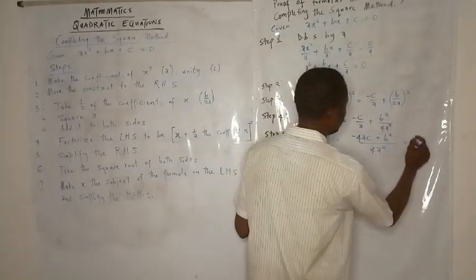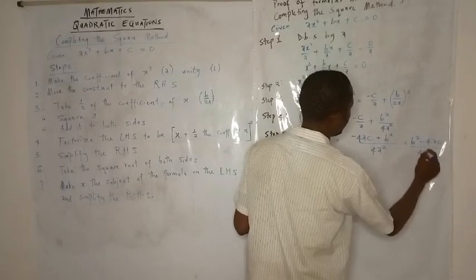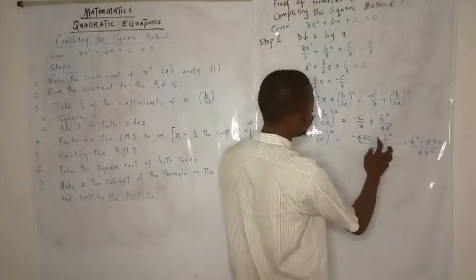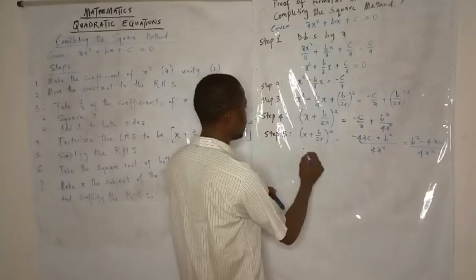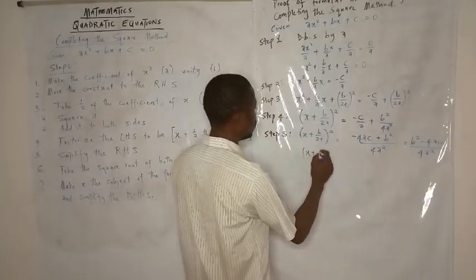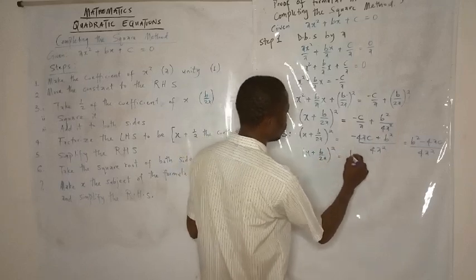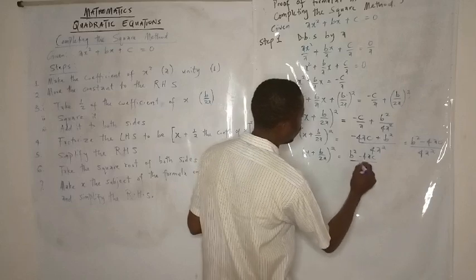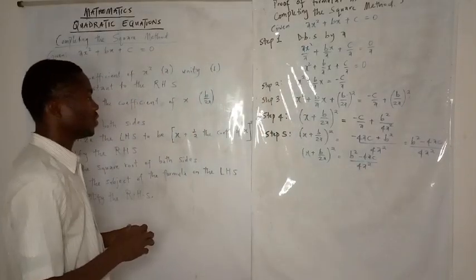So this will be b squared minus 4ac all over 4a squared. What we have done is bring the positive first and the negative behind. So we have that x plus b over 2a all squared is equal to b squared minus 4ac all over 4a squared.